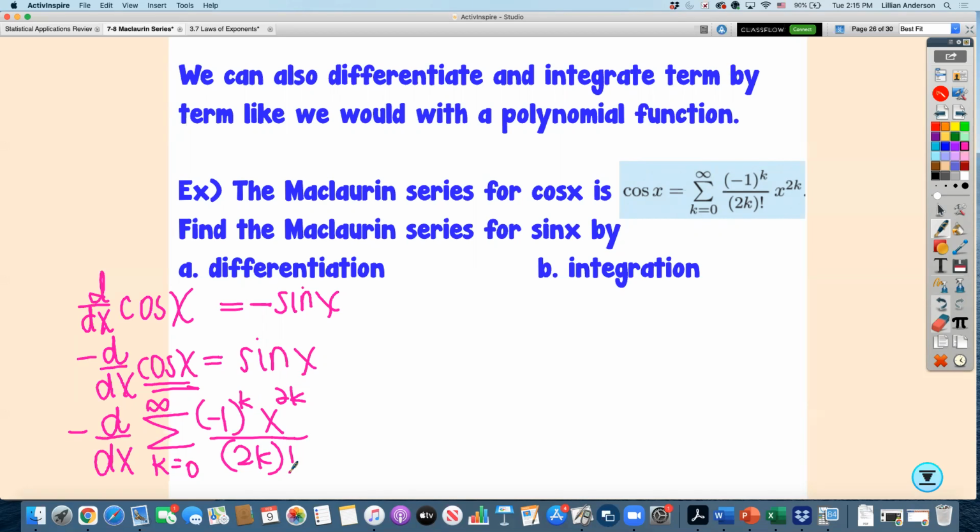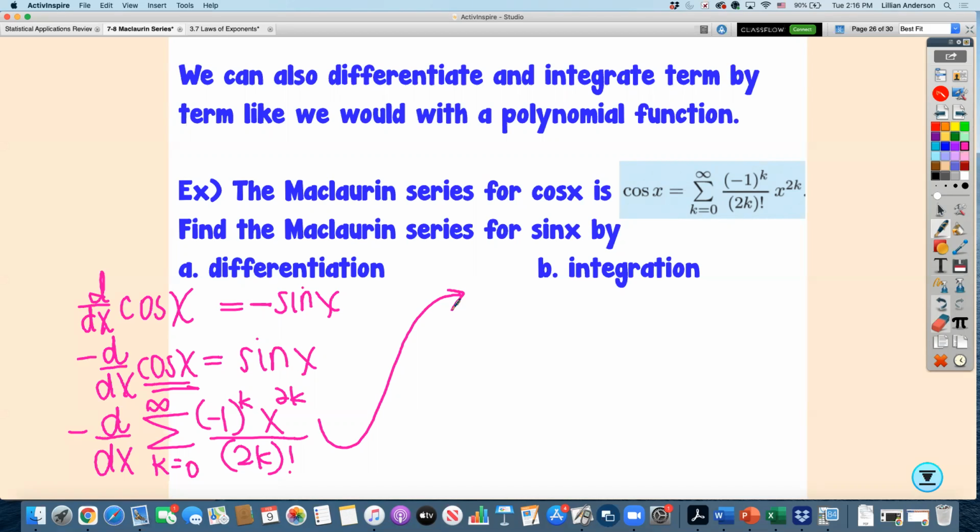Now, if you're wondering, well, how do I take the derivative of a sigma? Well, we're going to do a couple of things first before we actually get there. For one, we should already know that when I plug 0 in for k into this series notation, that's going to be -1 to the 0 power, x to the 0 power over 0 factorial.